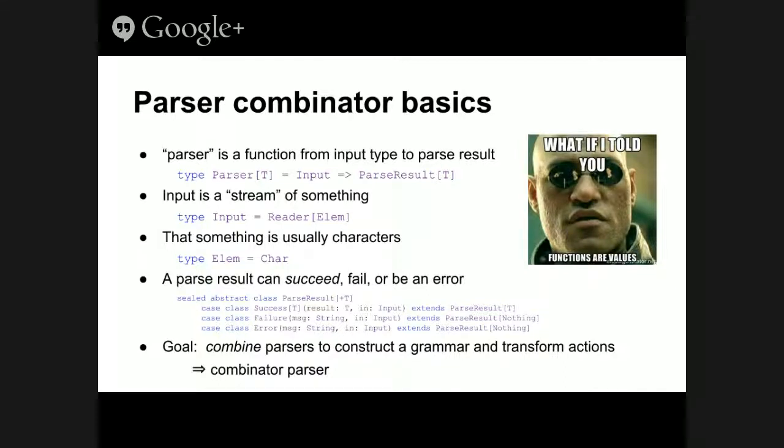There are other catches, but Scala has a similar thing, which they call higher-kinded types, with the brackets around a type.